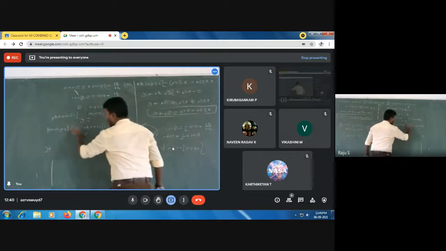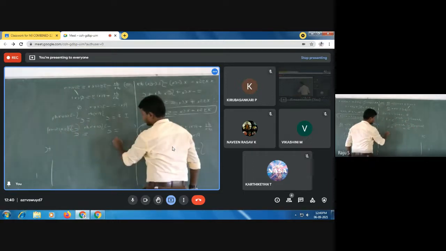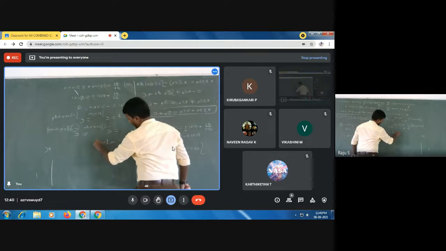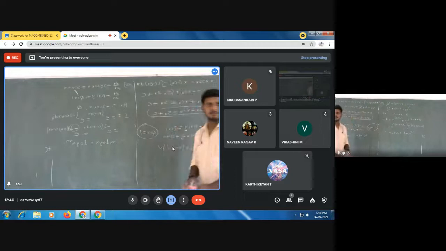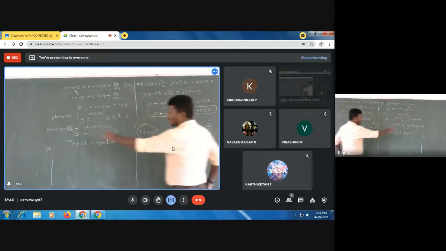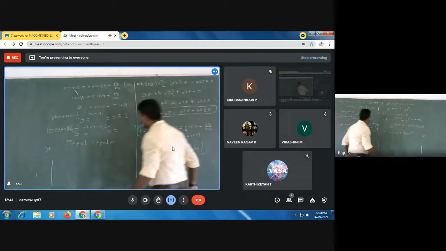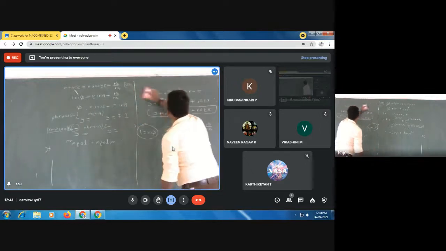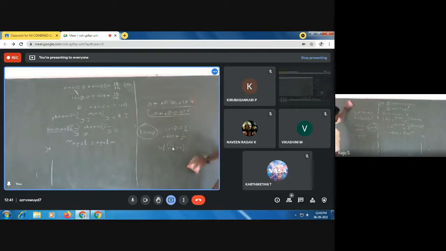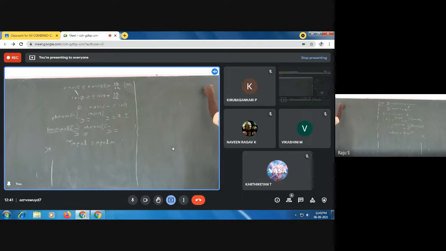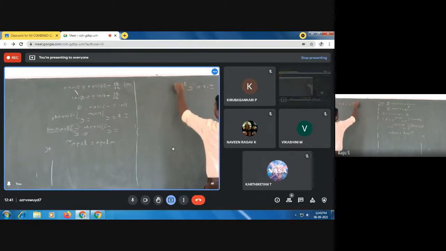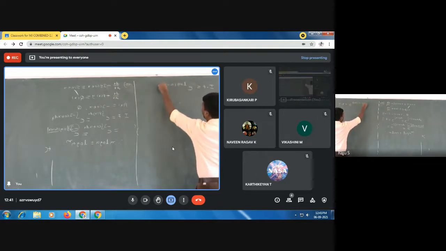This is in the form m log a, which is log a power m. Apply this formula. This is m, this is a. So the integrating factor is e to the power of log of mod sin x all to the power of minus 3.